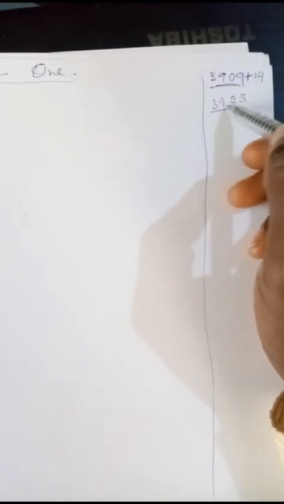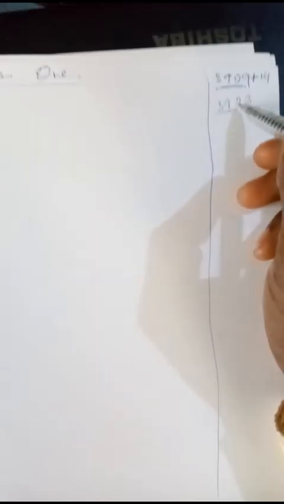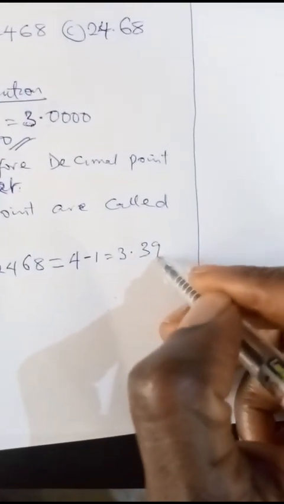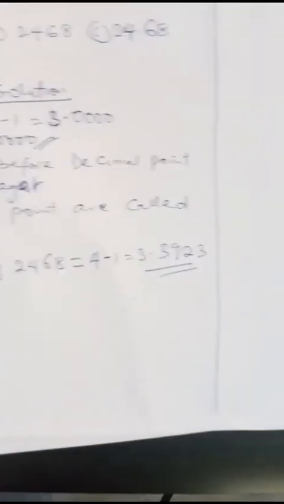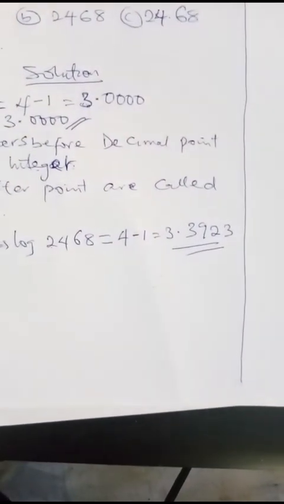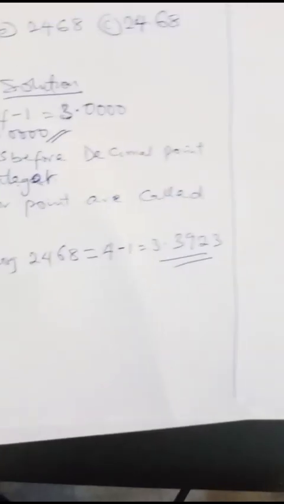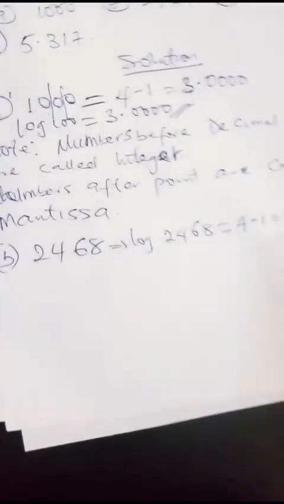And when we check difference 8 from the table, we said it's 14. So you add it to the difference. By the time you add, you have 39, 23. So your answer is now 3.3923. That is the logarithm. Is that clear? Good. Now let's take number C.